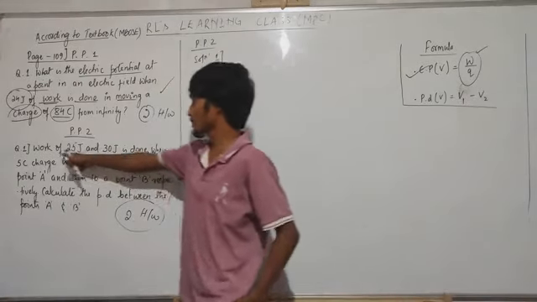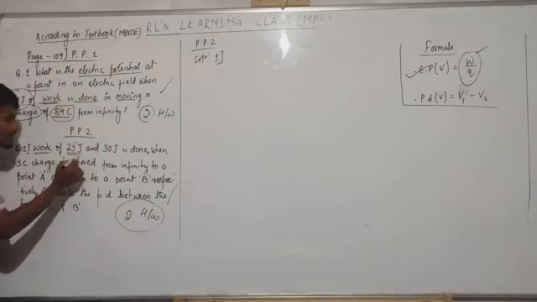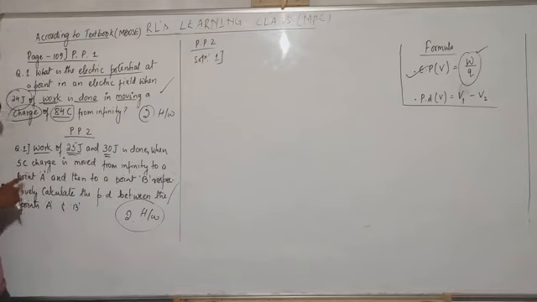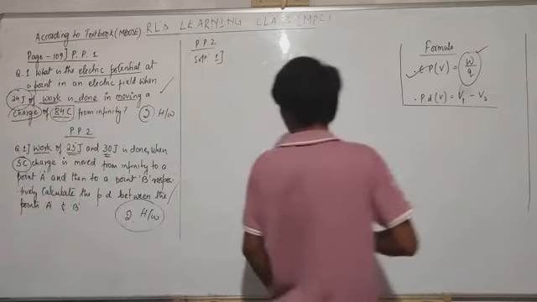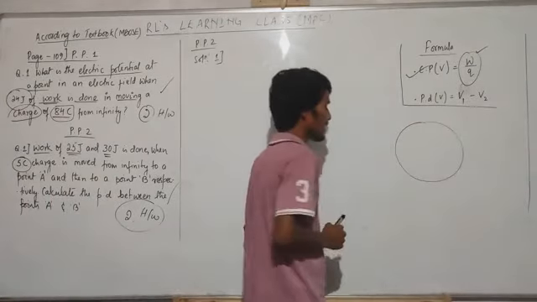Now let's look at this question. Work of 25 joule and 30 joule is done when a 5 coulomb charge is moved from infinity to point A and then to point B respectively. Calculate the potential difference. Let's draw the electric field again.